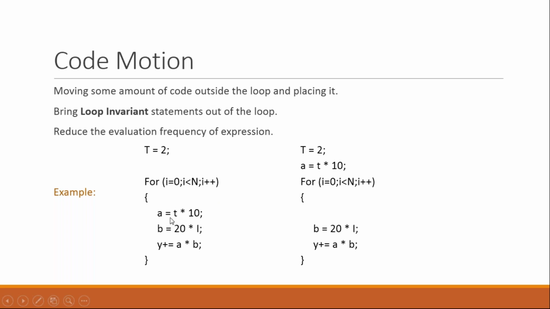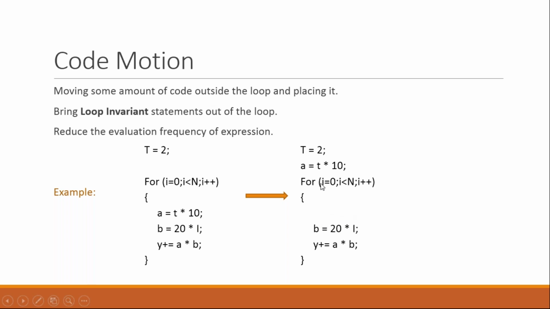First A equals T into 10, B equals 20 multiplied with I, and Y plus equals A multiplied with B. So at compile time, it will check that if I move A equals T multiplied by 10 out of my for loop, then there is no change in my code. Why? Because it is totally irrelevant to the loop, right?